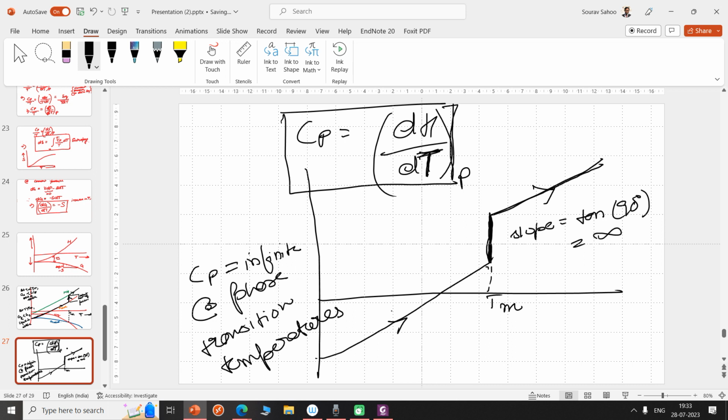That's the reason the temperature of the system is not increasing, and that's the reason my Cp is infinite. All of my heat is going into the phase transition process, in this case the solid to liquid transition, right? So it's one of the assignment questions. In this case, there's no doubt that we'll be having infinite heat capacity.